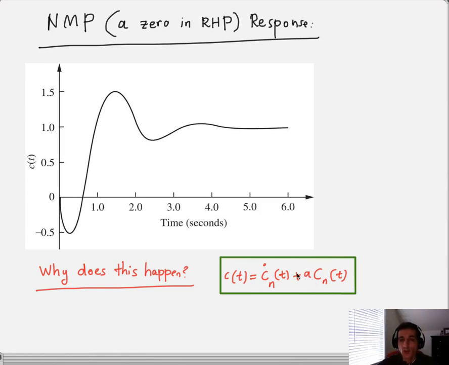Now if the value of A is negative, which represents a non-minimum phase system, we have, for example, Cn dot minus, let's say, 5 Cn.